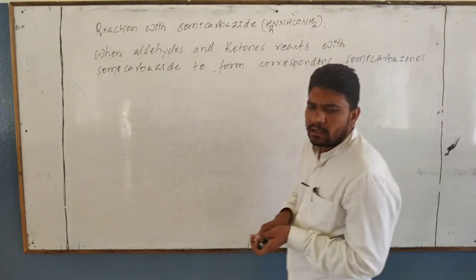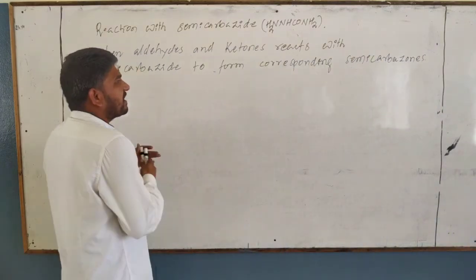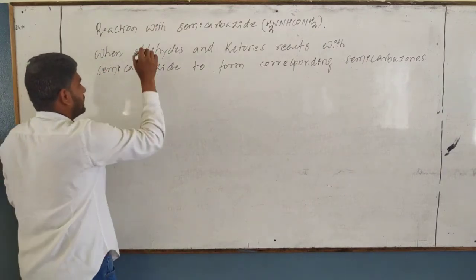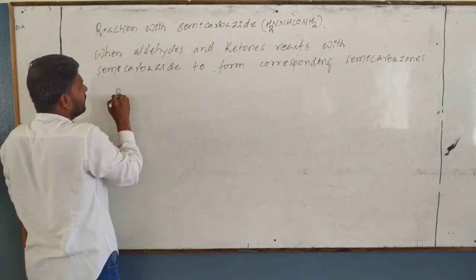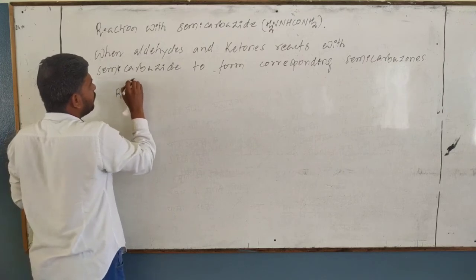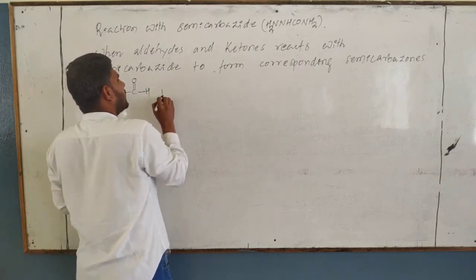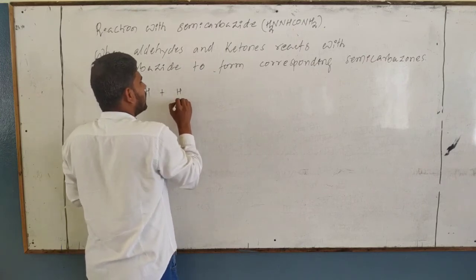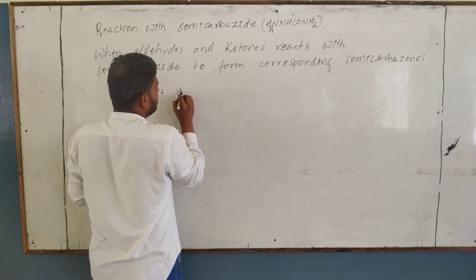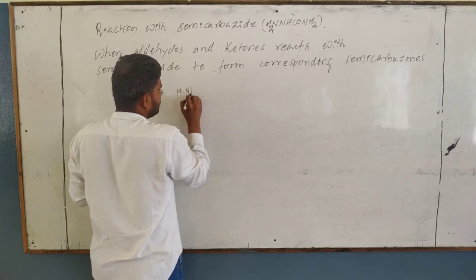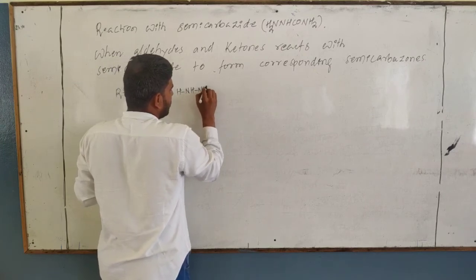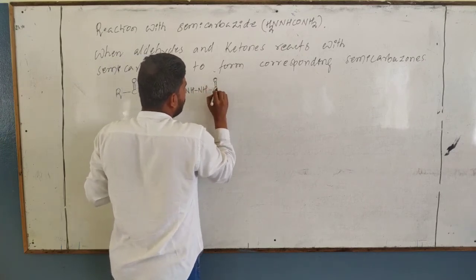To form what? Corresponding semicarbazones. See over here, aldehyde R C double bond O H reacts with a semicarbazide. I can write this as NH2NHC double bond O NH2.